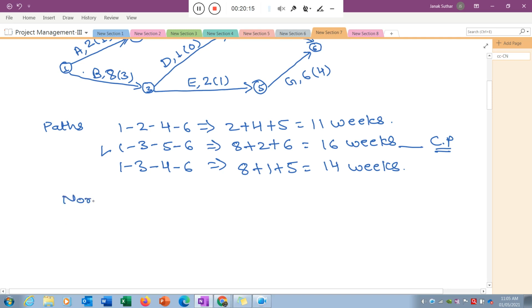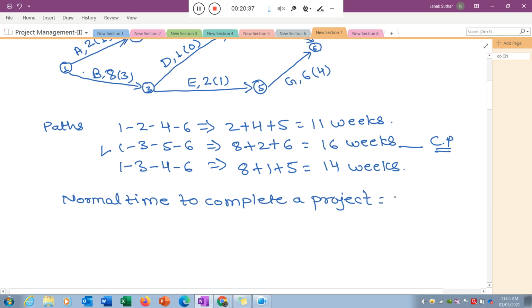Now, the normal time to complete a project. What is the normal time? We find it by using the expected time. How much time is needed?